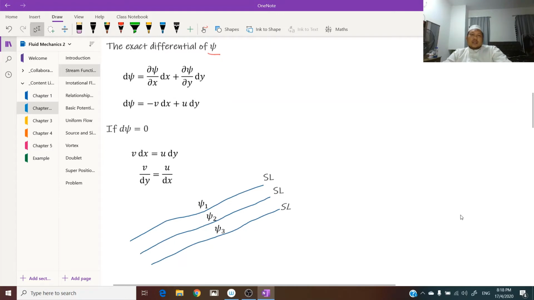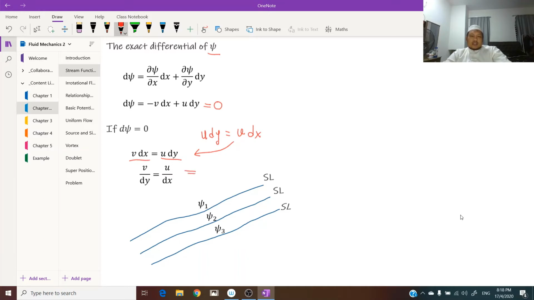If del psi equals 0, if we say that these equations equal 0, and we simplify this one, we get u dx equals v dx equals u dy. So if this is 0, what we have from here is u dy equal to v dx, which is similar to this. Now if we simplify this one, we get v dy equal to u dx.